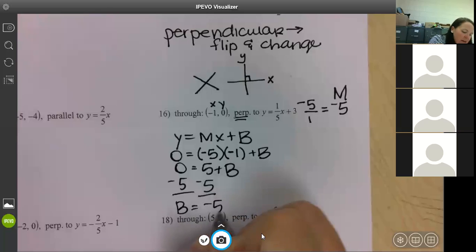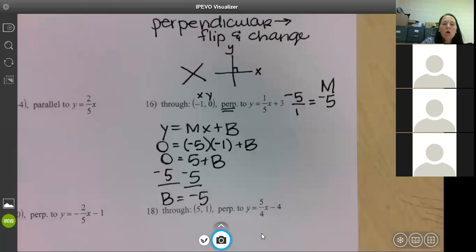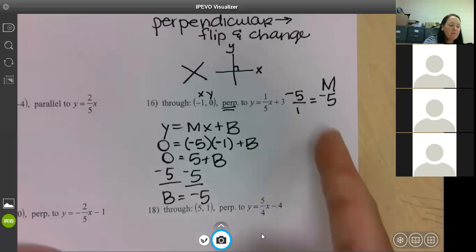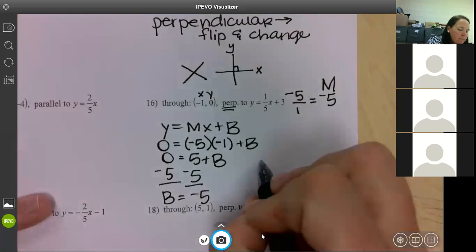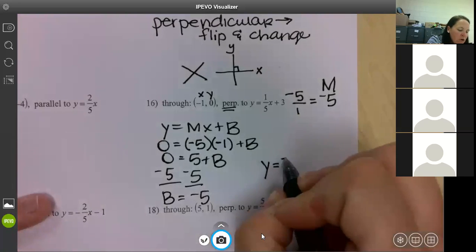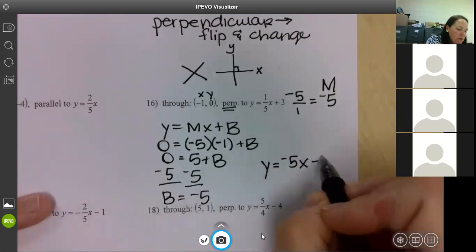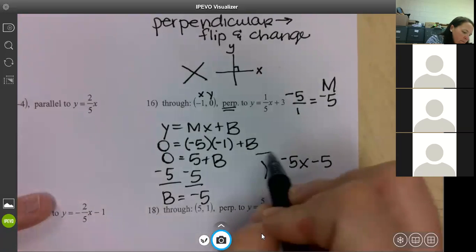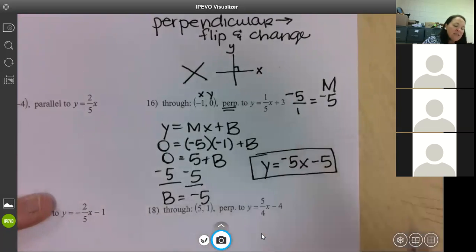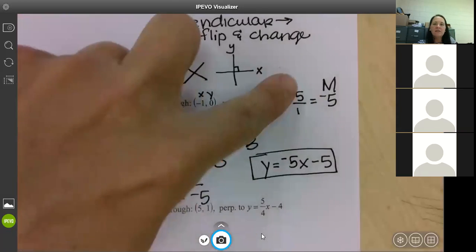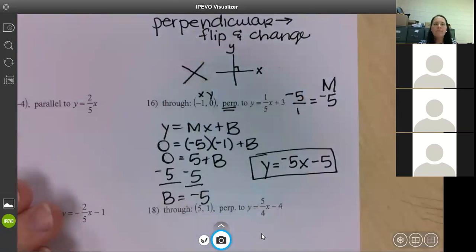And we get b equals -5. When you write your equation, make sure you use your new m. Y equals -5x, finishing with a -5. That's it. So there's no difference in the work, just this added step with perpendicular.